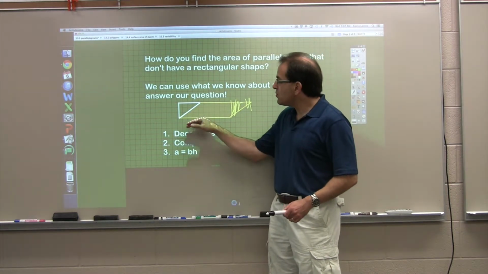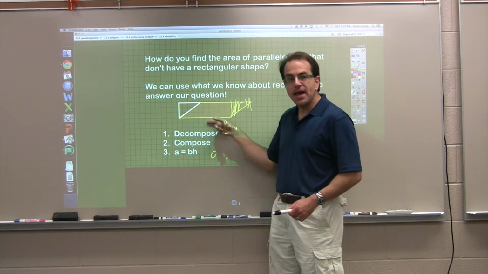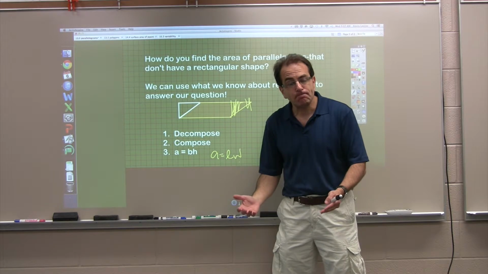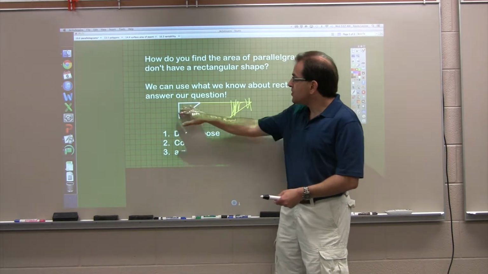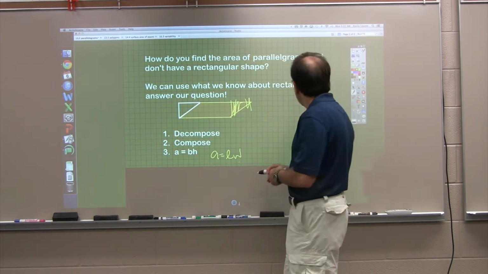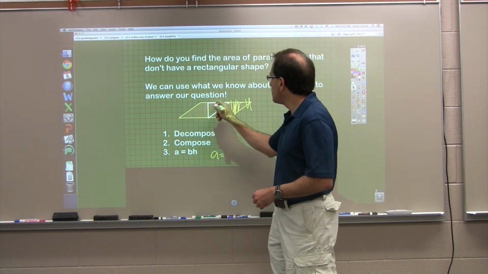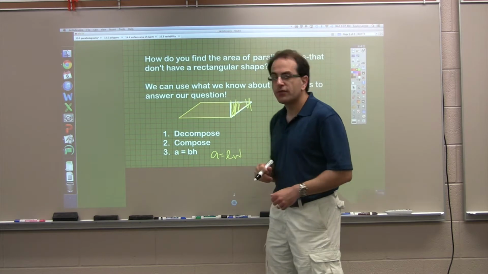So if I knew the dimensions of this base and this height, I would be able to calculate the area of the rectangle, which is the same as the area of the parallelogram, because remember, all I did was move that from over there.